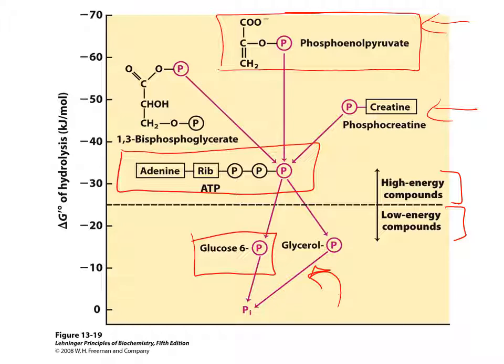And furthermore, these transfers of phosphate can happen in a very specific way, with very specific enzymes, the concentrations of which the cell can control. Therefore, the cell can regulate the rate of hydrolysis of ATP and its phosphorylation potential.